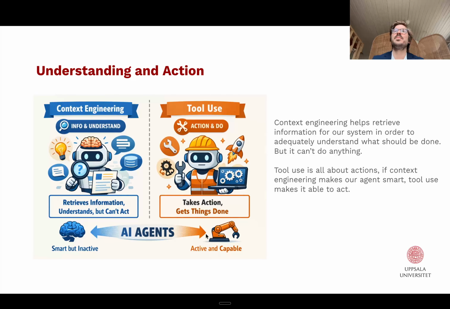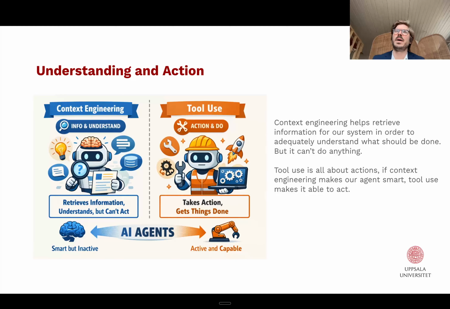You need to take that knowledge to decide what action to do. So you can think about a loop: knowledge gives you the ability to decide on an action, and then you do an action, and through that action you get more information, and then you might do another action, and this loop goes back and forth. And I think you can think of this both in humans and in AI agents.